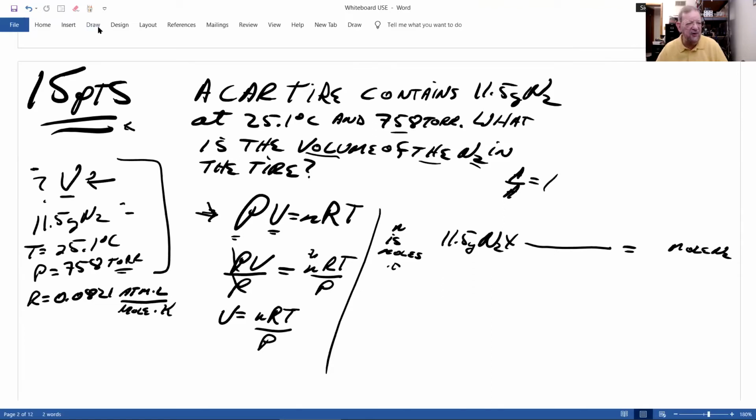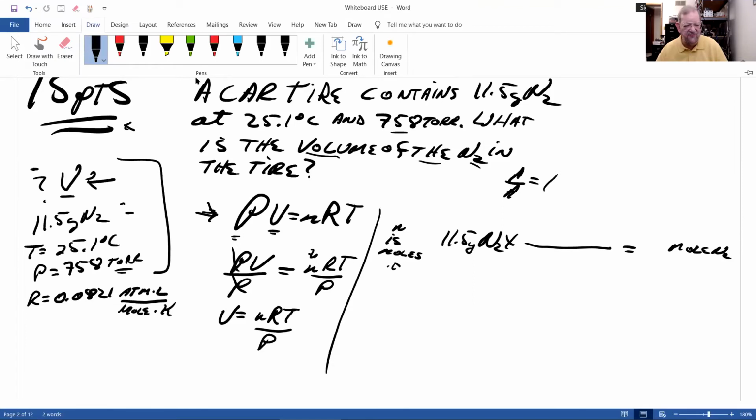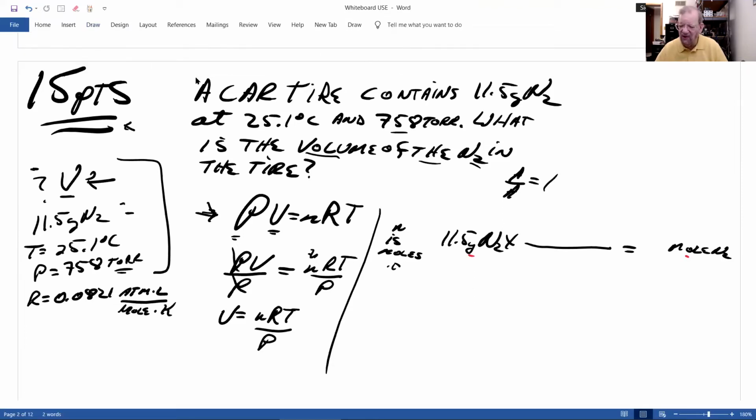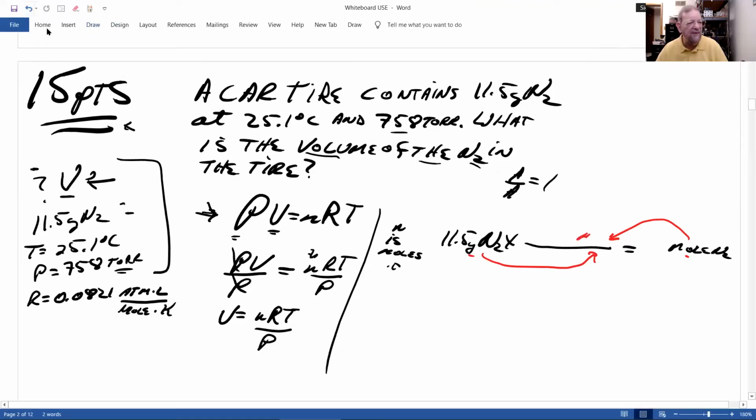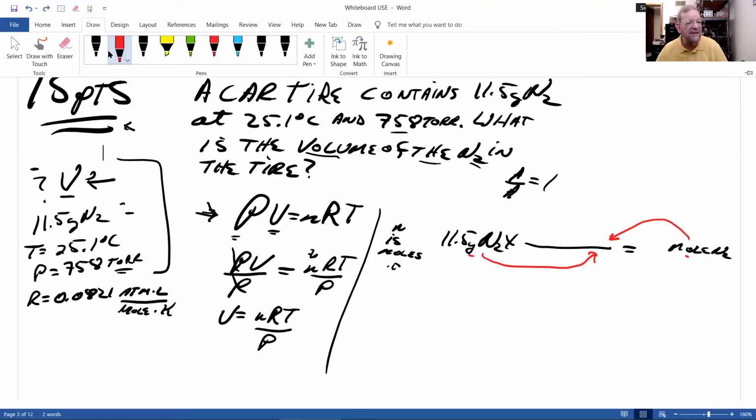I'll use my good friend the conversion ratio, because I convert grams to moles. Whatever I'm trying to get to goes on top of the ratio. Whatever I'm trying to get rid of goes underneath.